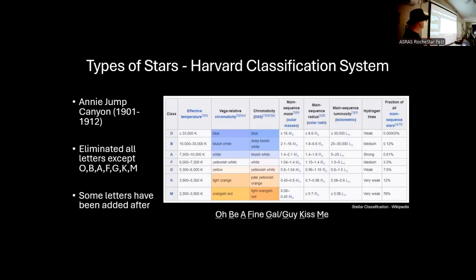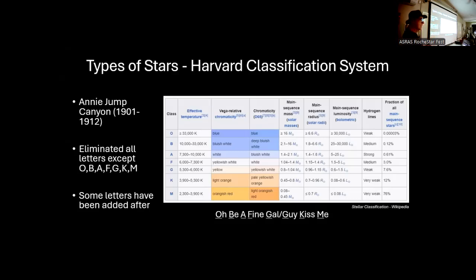One mnemonic for OBAFGKM has always been, "Oh, be a fine gal or guy, kiss me." I found on the web one professor invited his class to submit alternatives, because he didn't like, as I don't like, the gender-based nature of this particular mnemonic. He invited his class as a final project to submit alternatives to this particular way of remembering them.